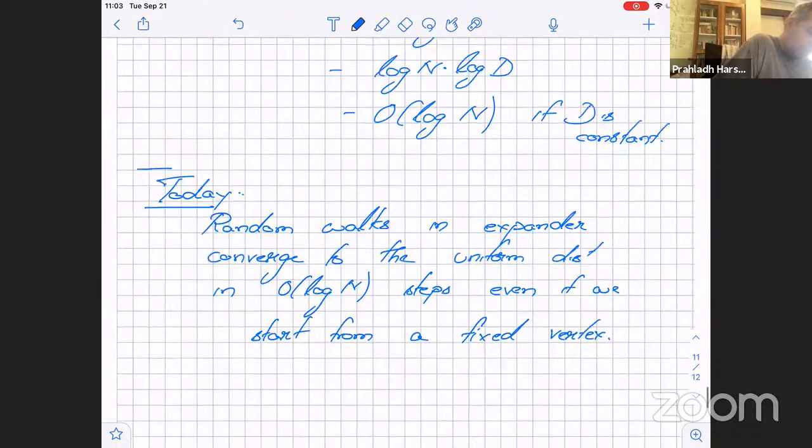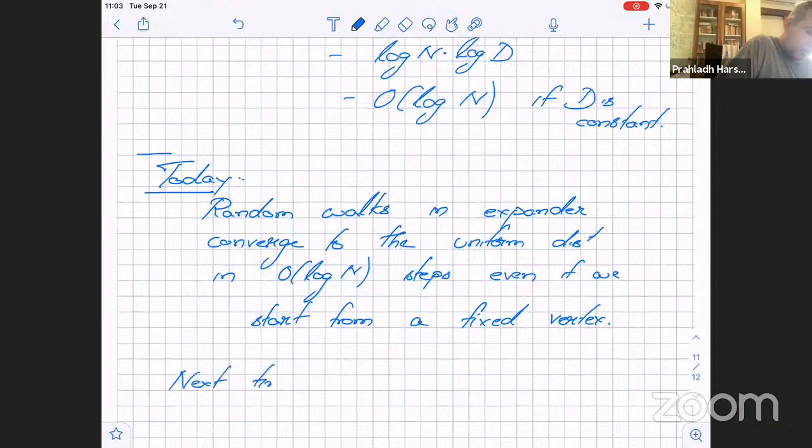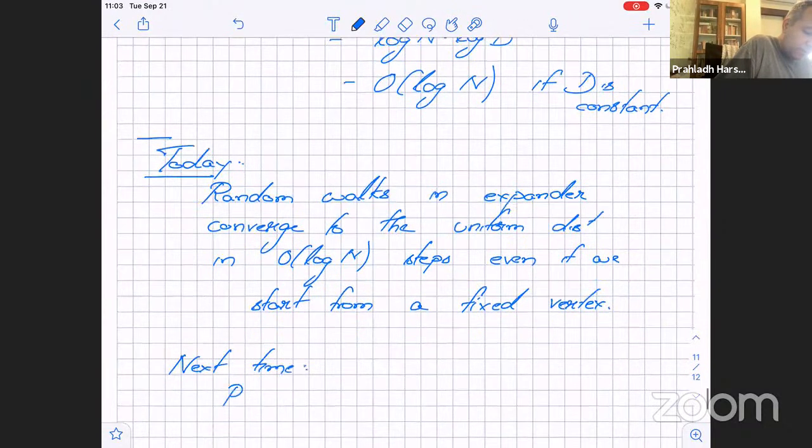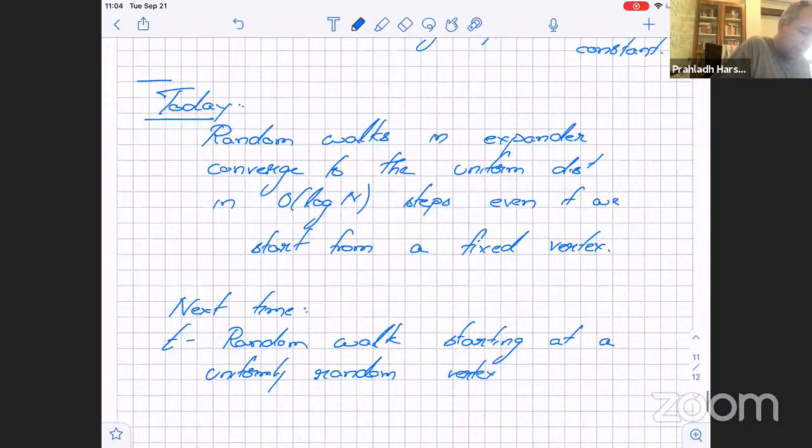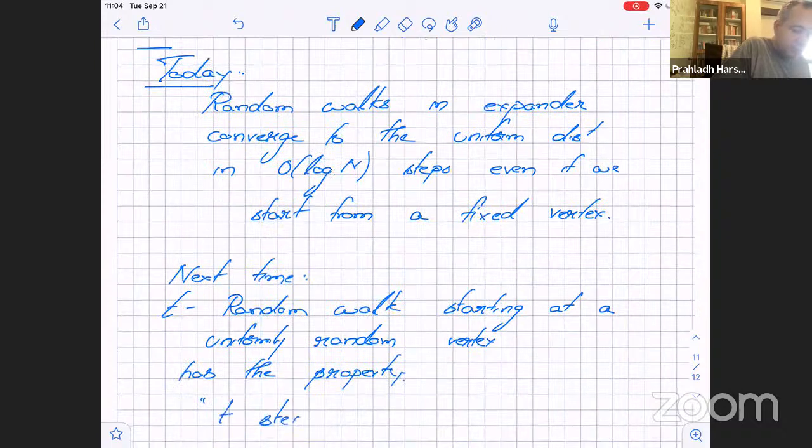So next time we'll show the following: a t step random walk starting at a uniformly random vertex has the property, and we'll formalize this, that all t steps look simultaneously random.